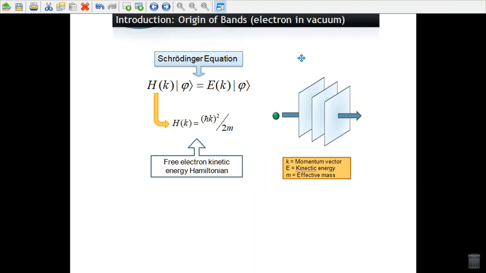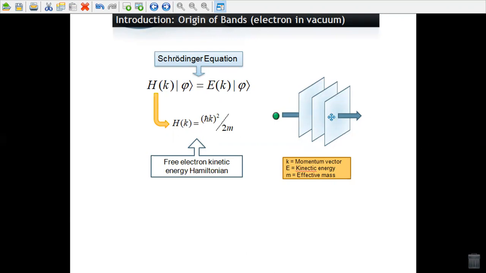And if electrons travel in vacuum, the normal Schrodinger equation would be, in the Dirac notation, H psi equals E psi, where the energy eigenvalue is h cut square k square by twice m. k takes the value continuously, that's why our energy is continuous for the free electron kinetic energy Hamiltonian. And this is the real situation when the electrons are traversed by the periodic potential.